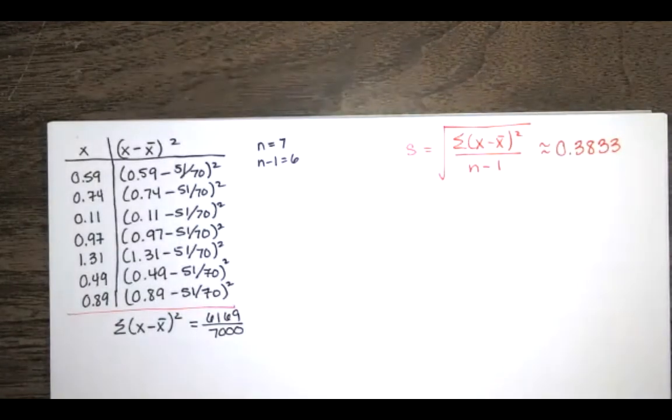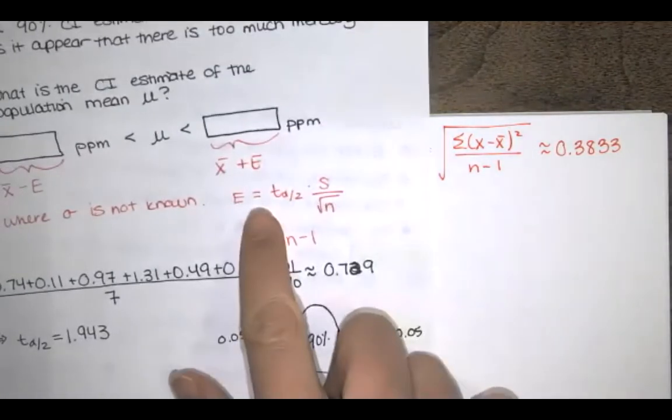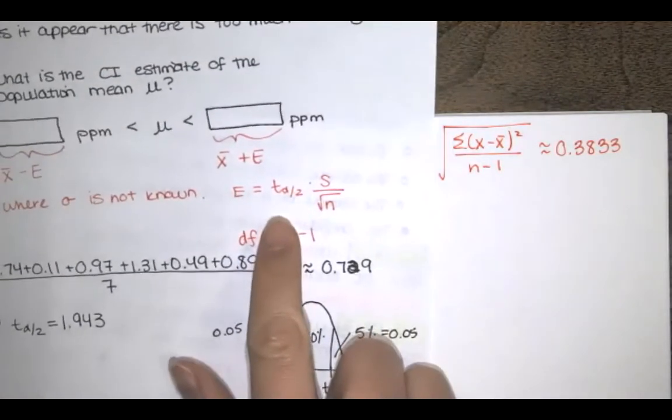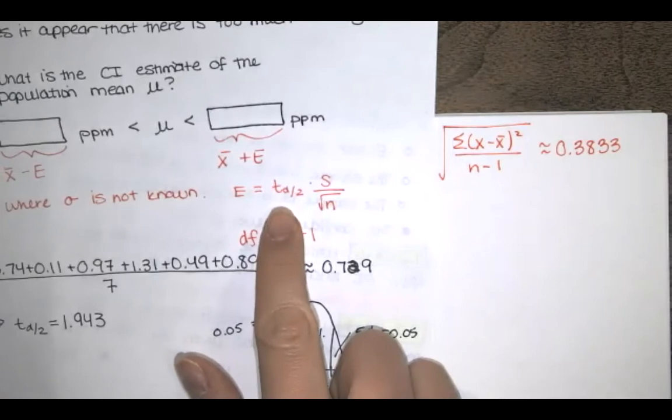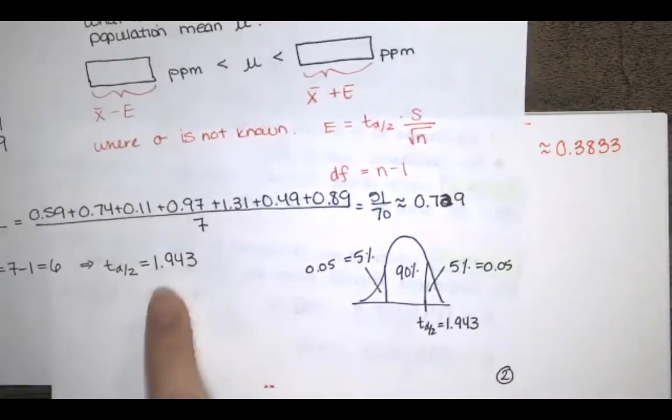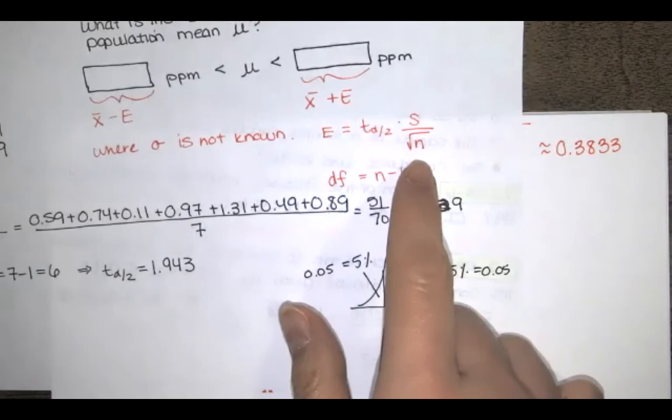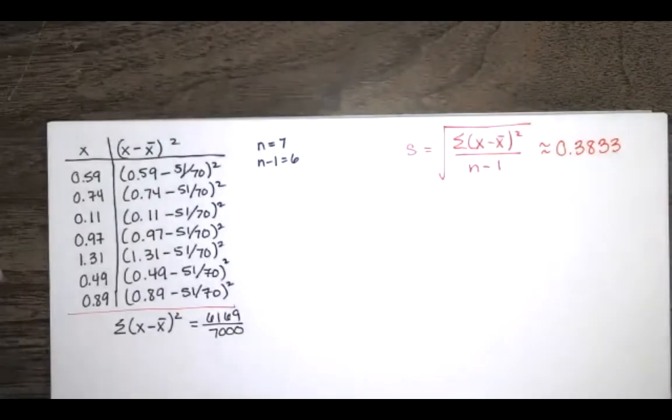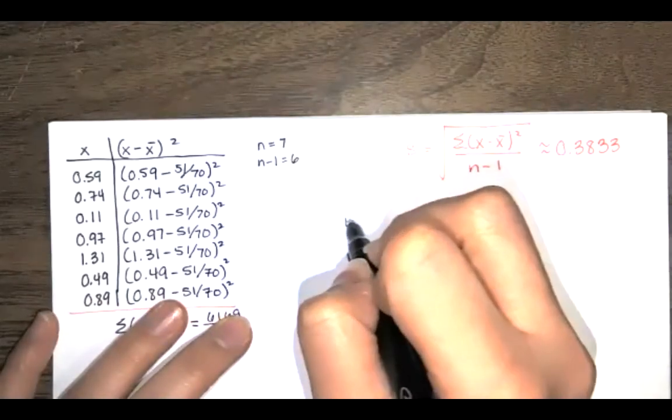Okay, so we've got our error is equal to this critical t value, which we found earlier using our table. We just computed the sample standard deviation and we've got our n, so we can substitute all of those into the formula.